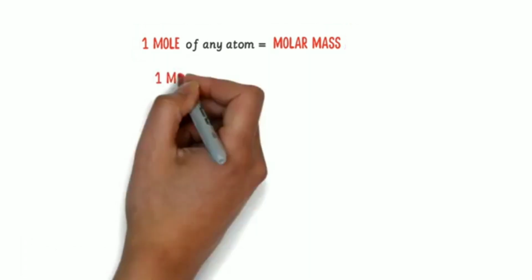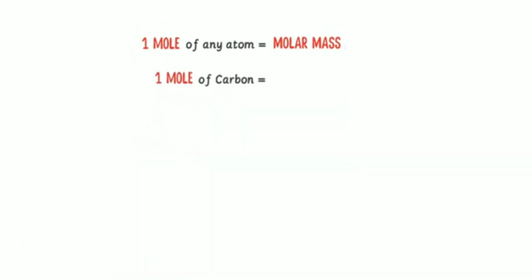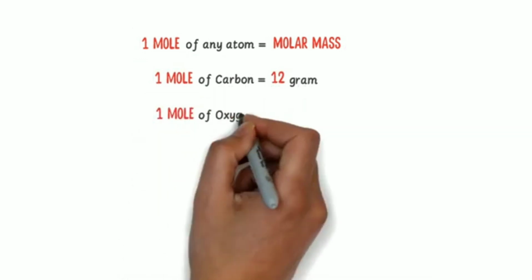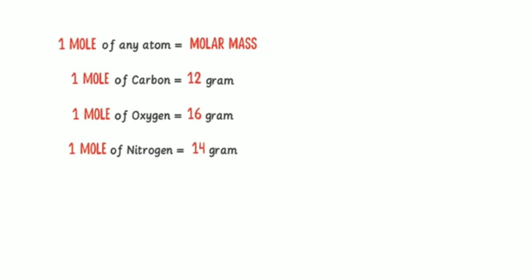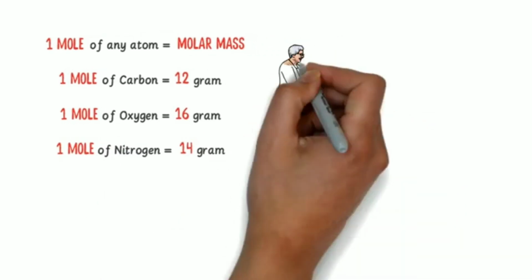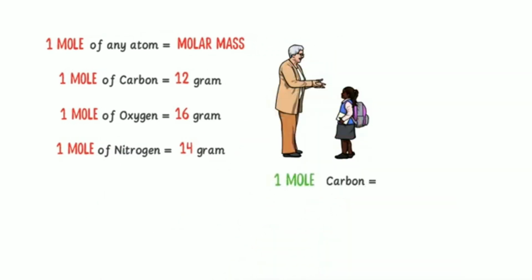For example, 1 mole of carbon atom is equal to 12 grams, 1 mole of oxygen atom is equal to 16 grams, and 1 mole of nitrogen is equal to 14 grams. So if I ask you, give me 1 mole of carbon, how many grams of carbon will you give me? I hope you know the answer.